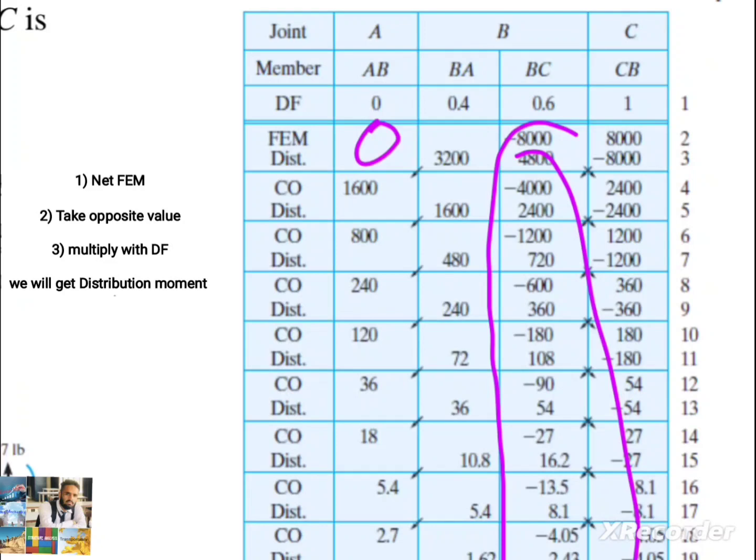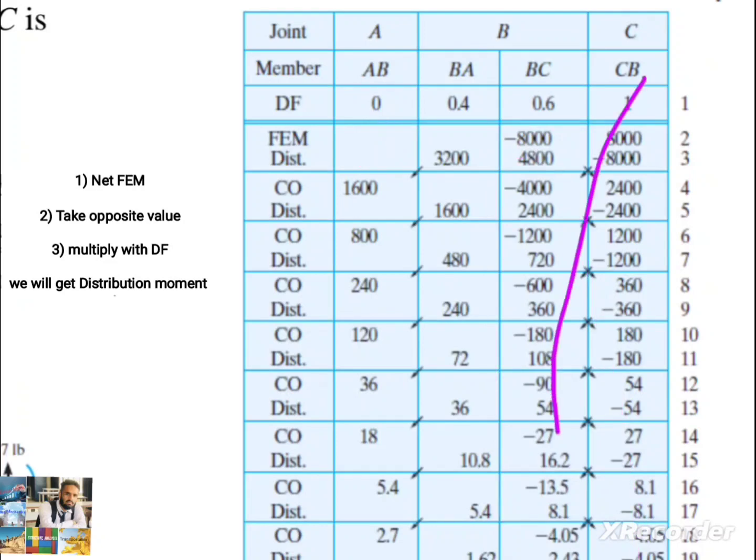For BC we will get the opposite of this value, minus 5647, and add all these moments, we will get 0. At point A there is a fixed support, and a fixed support has moment carrying capacity, so 2823 kip-feet or pound-feet will be the answer for moment AB.